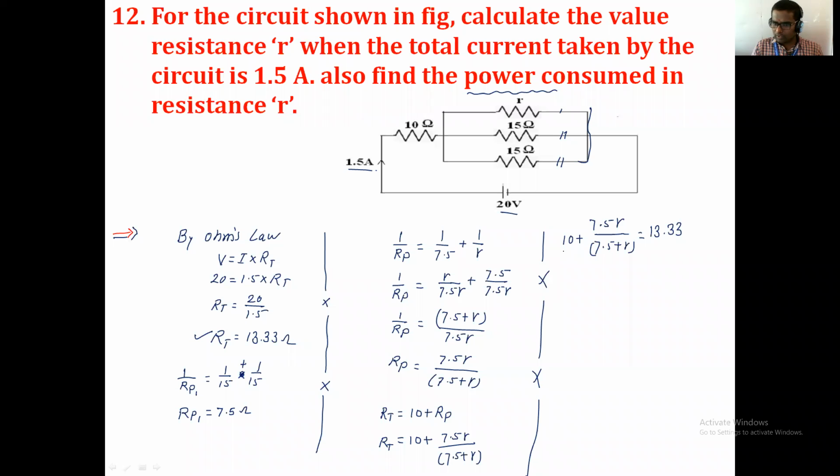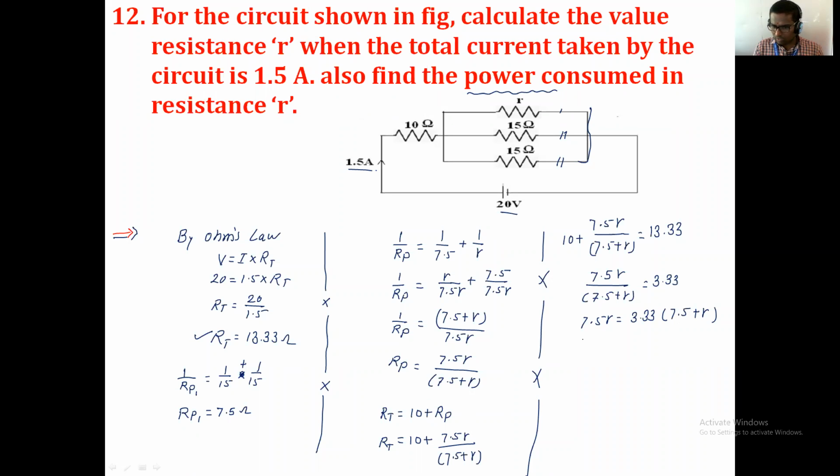When I transfer this 10 to the right hand side, it should be minus, so it comes 7.5 R divided by in bracket 7.5 plus R, which is equal to 3.33. Now if I transfer this denominator to that side, it should be 7.5 R, which is equal to 3.33 into, in a bracket, 7.5 plus R.